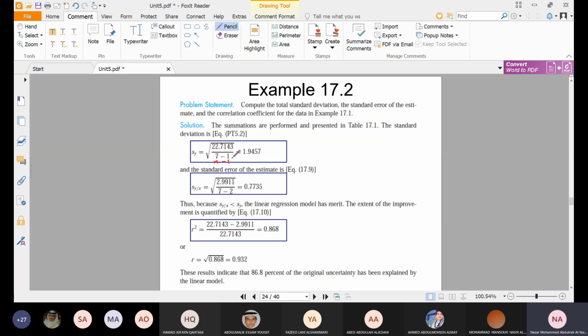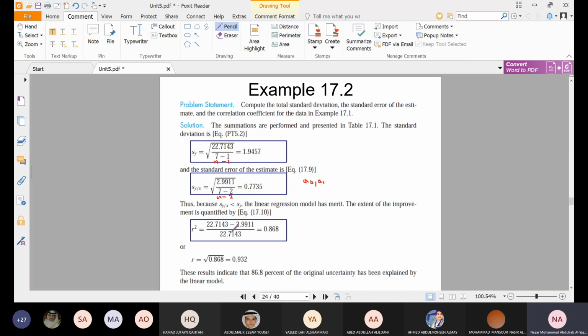Here we have the values that we computed. And here we have the standard error of estimation, sy sub x. Here we have n minus 2 because we use 2 parameters, a0 and a1.